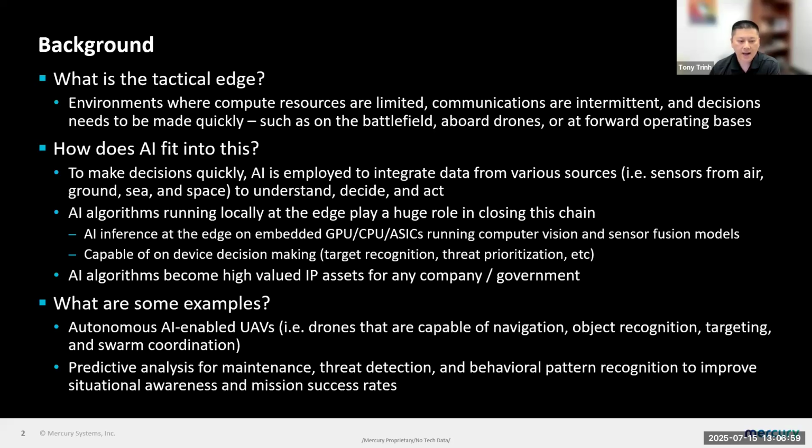As you can imagine, these algorithms are very high valued assets now that could easily be lost on the battlefield or lost to some of our adversaries that want to use them or glean information on how we make decisions related to these systems.